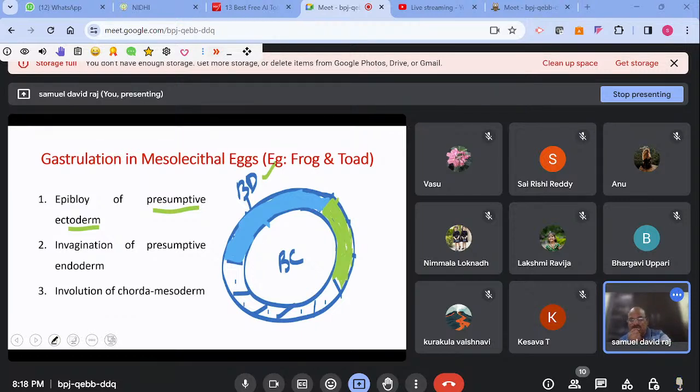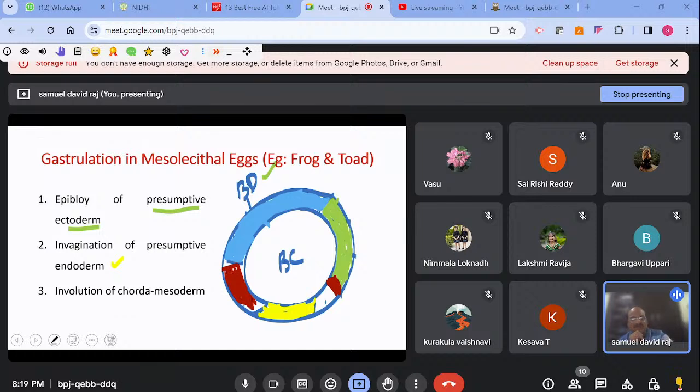And likewise, towards the lower side, the vegetal pole, there are cells which are destined to form the alimentary canal, and we call this presumptive endoderm. And there are cells which are destined to form mesoderm, which are present on either side of the endoderm.